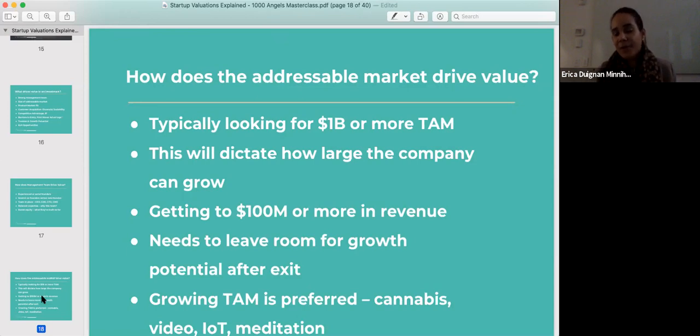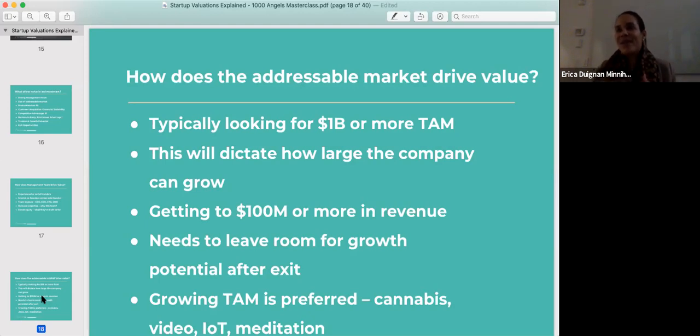For example, an acquirer wants to acquire a company that is going to move the needle, right? If the company only has $10 million in annual revenue, that's not so interesting to a Procter & Gamble or a Nabisco or Kraft or whoever is the potential acquirer, because these companies are doing these transactions so that they will be accretive to earnings and accretive to growth.